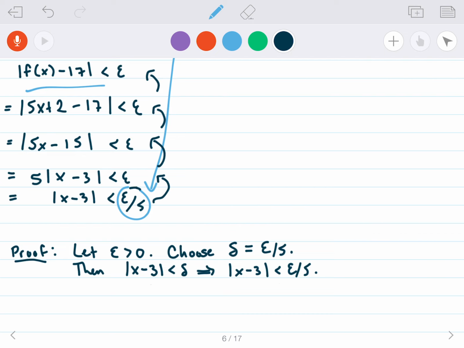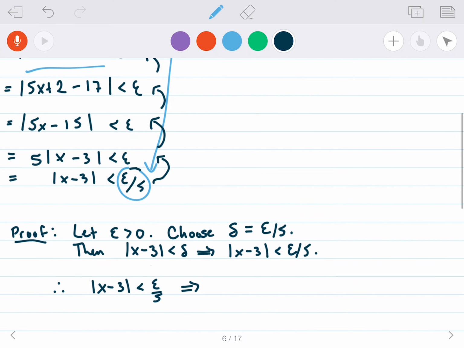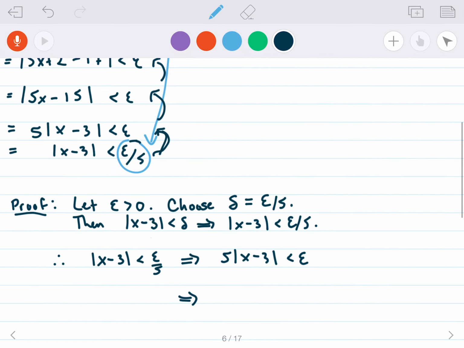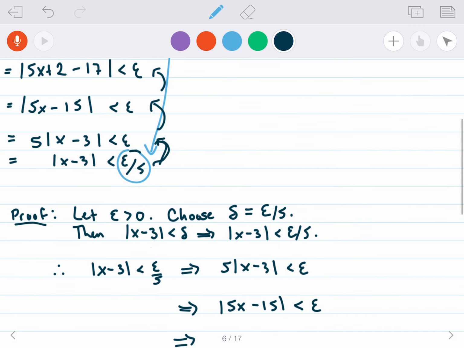So since we're starting here, thus |x - 3| < epsilon over 5 implies, okay, then we just go to the next step backwards: 5 times |x - 3| < epsilon, which implies, just distribute, |5x - 15| < epsilon.